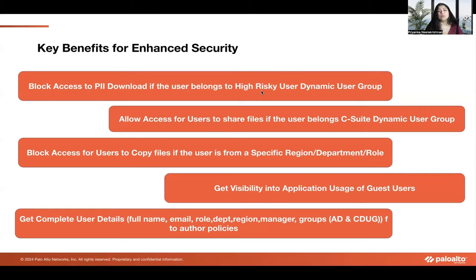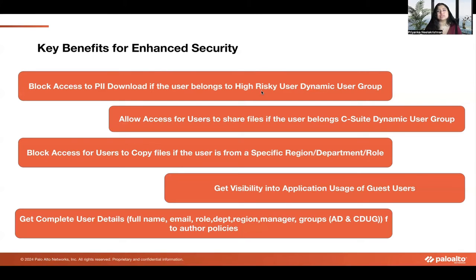Number four, we get visibility into the application usage pattern of guest users coming into the organization. Number five, we get complete user details and attributes so as to author effective policies. That is, users, groups the user belongs to, dynamic user groups, role, department, region, manager, all this user information.